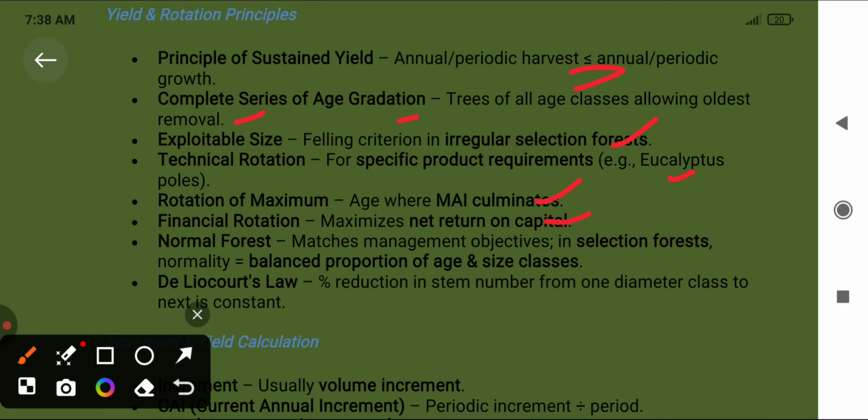And normal forest matches management objectives in selection forest.